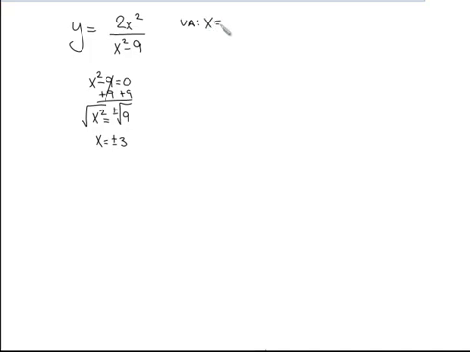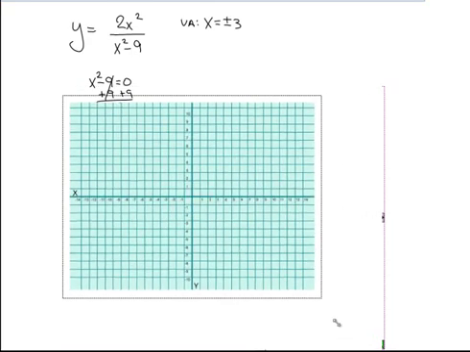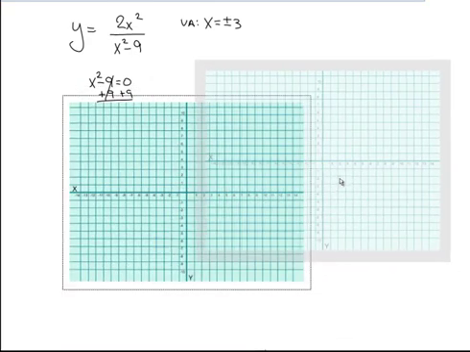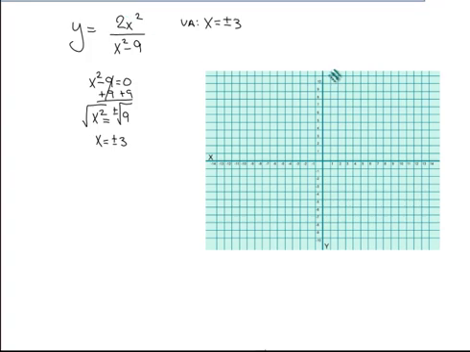So x equals positive 3 and x equals negative 3 are going to be our two vertical asymptotes. On this one, it's a little bit different than what we've seen so far. We have a vertical asymptote at x equals positive 3, but this time we also have a vertical asymptote at x equals negative 3.